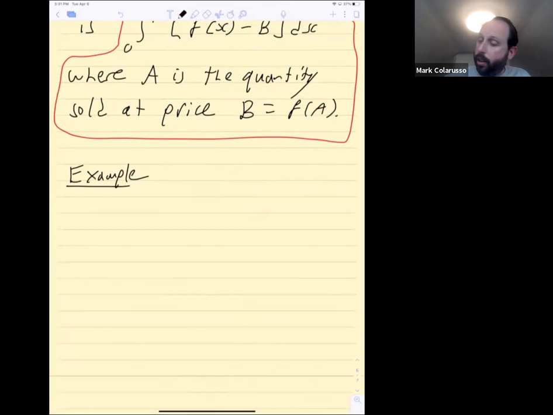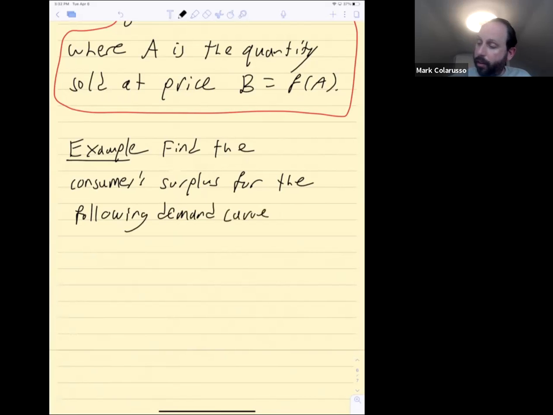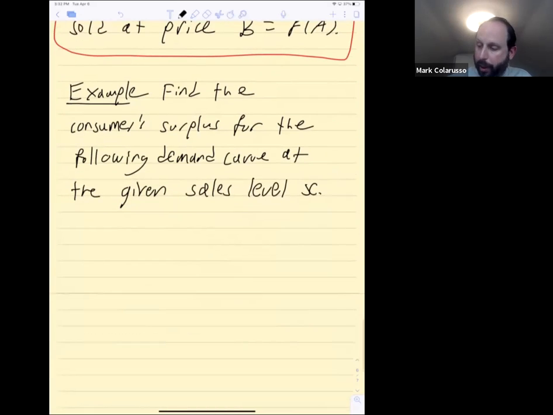Okay. Find the consumer surplus for the following demand curve at the given sales level A. In this example, this is going to be very mechanical.